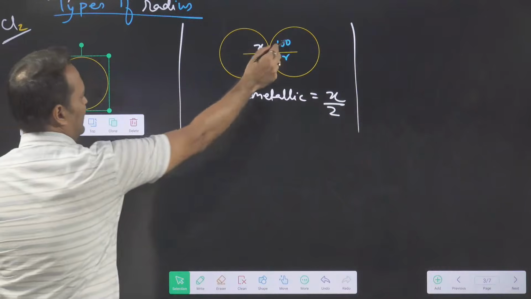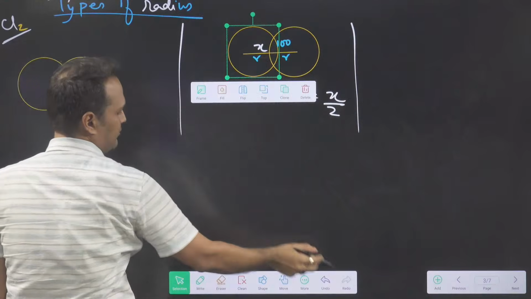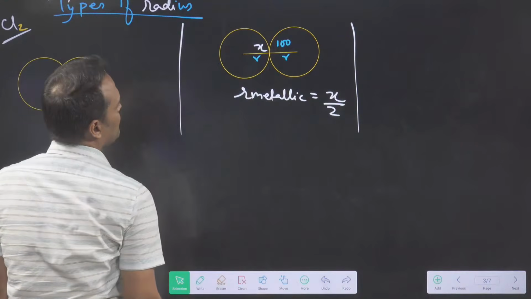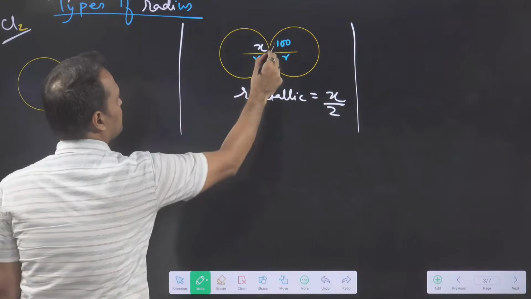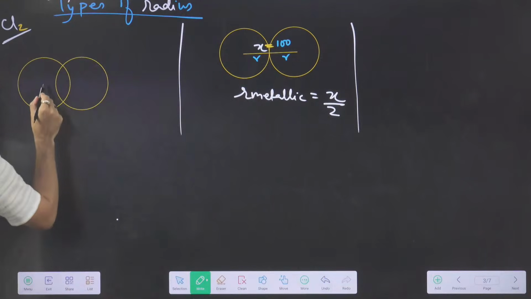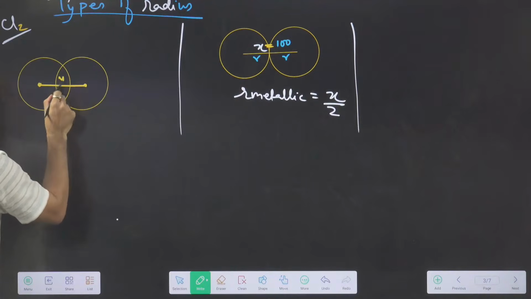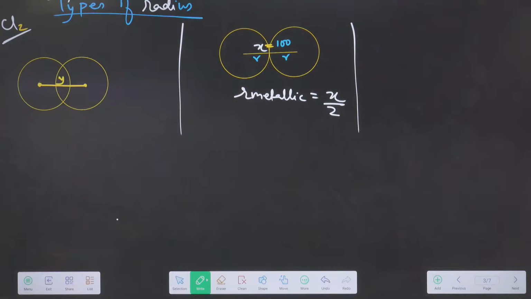Imagine here that x is 100. Suppose here we have the internuclear distance, and I call this y. Can you tell whether this y is 100, more than 100, or less than 100?